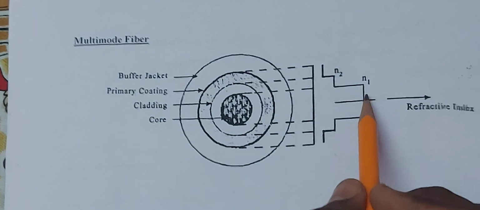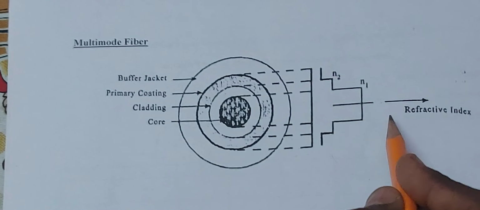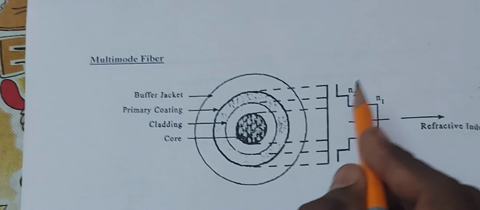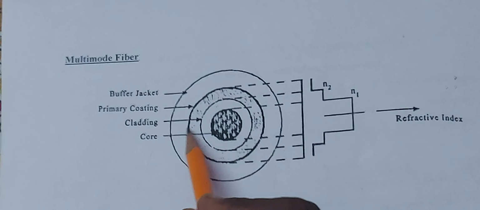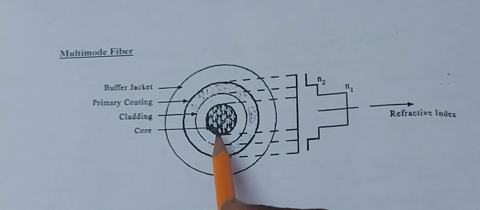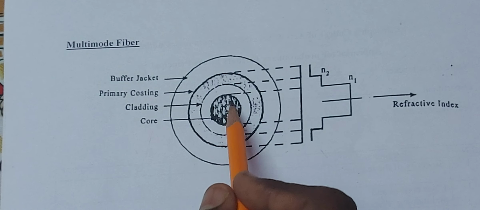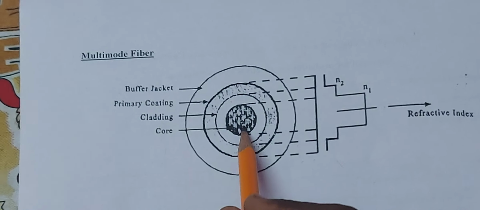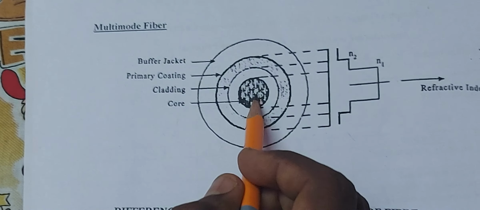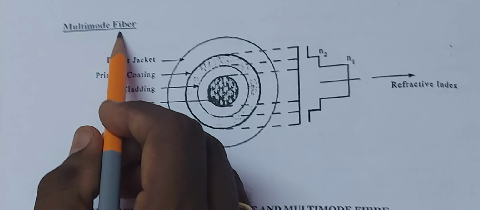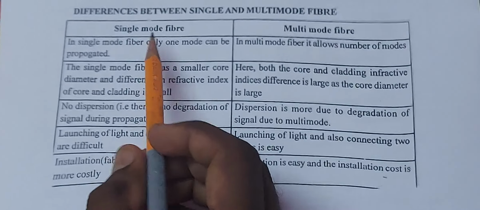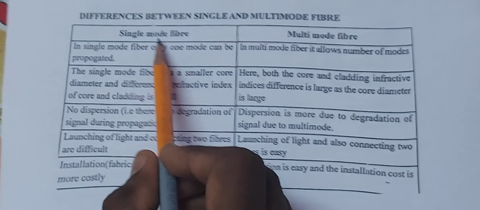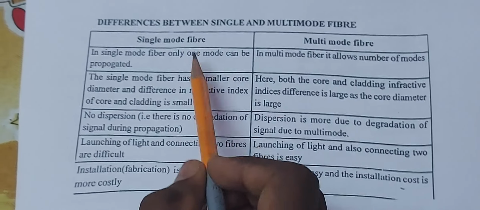Look at the image: N1 is larger, where N1 is the refractive index of the core and N2 is the refractive index of the cladding. So it allows multi-mode propagation. Due to the large diameter of the core, it allows multiple modes, so it is called multi-mode fiber. Now we are going to see the difference between single mode and multi-mode fiber.